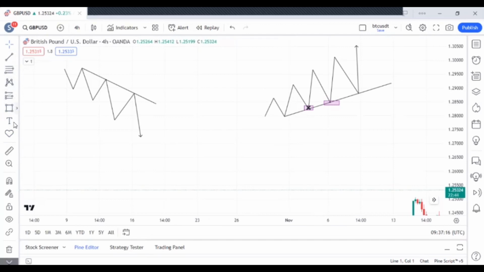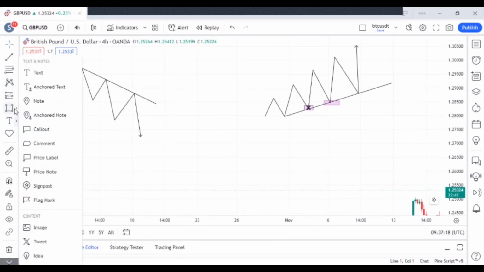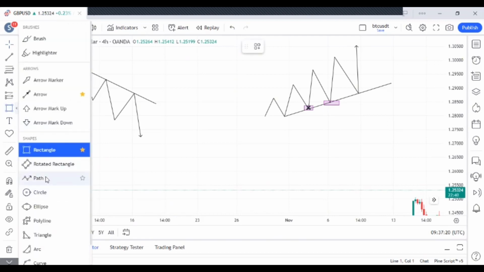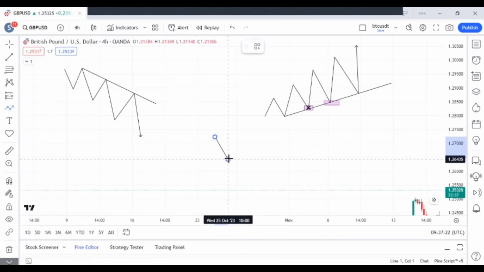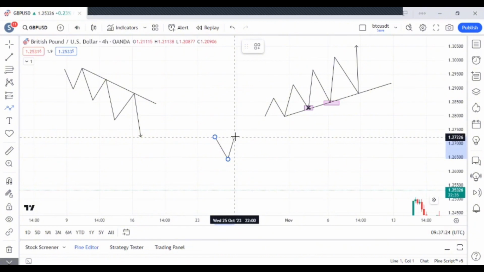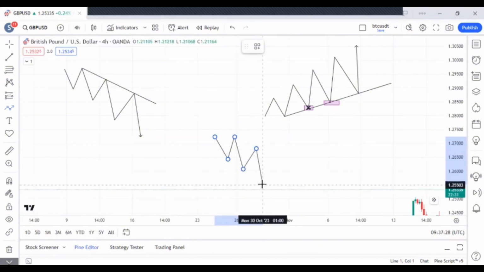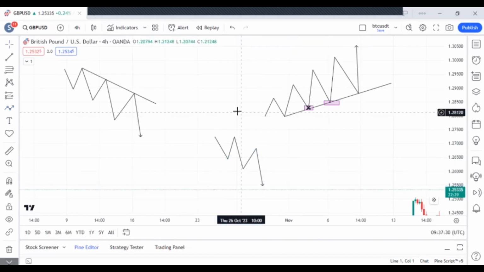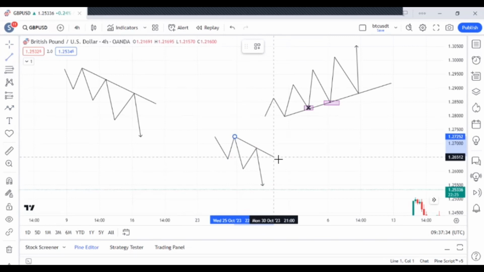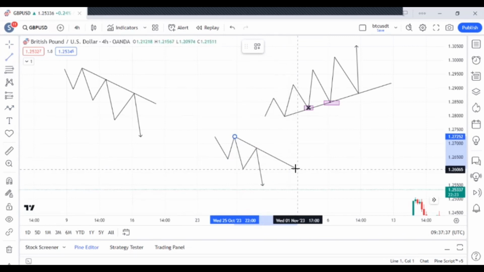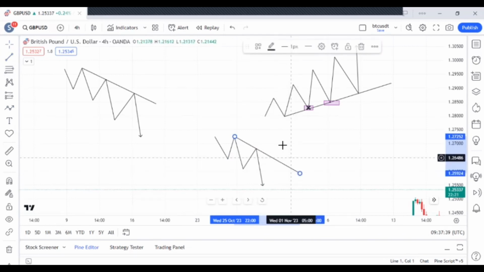But sometimes we notice something like this. The market might be in a downtrend like this, and you might have drawn your trend line from this spot to this lower high.